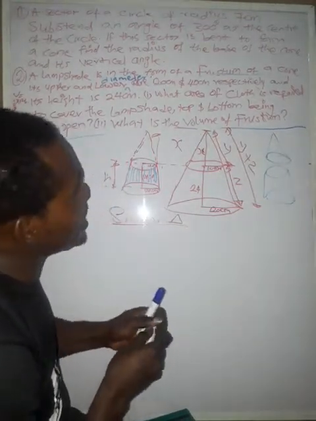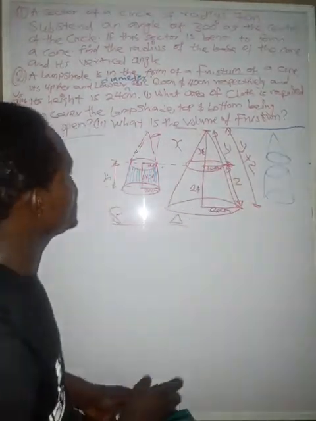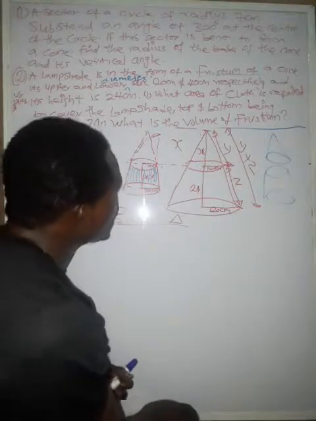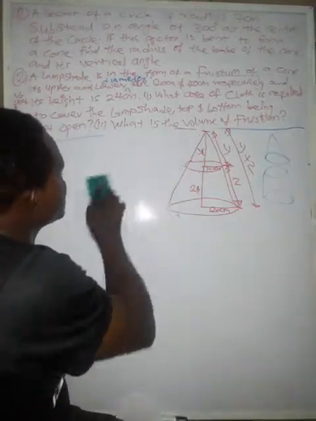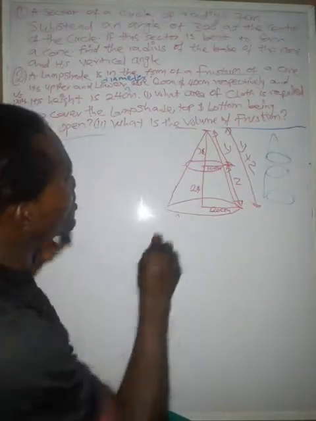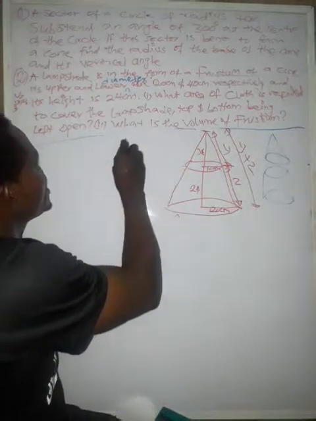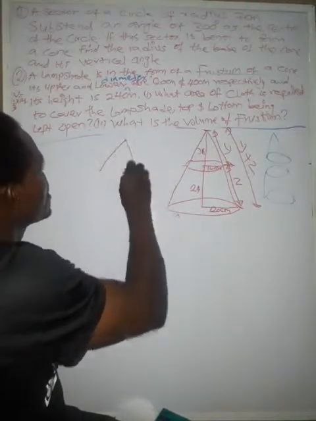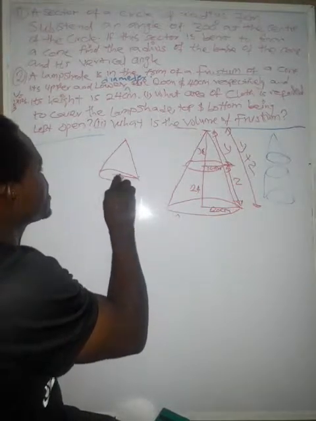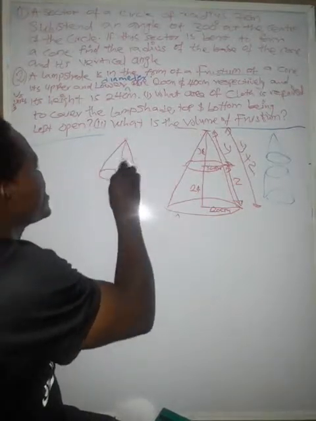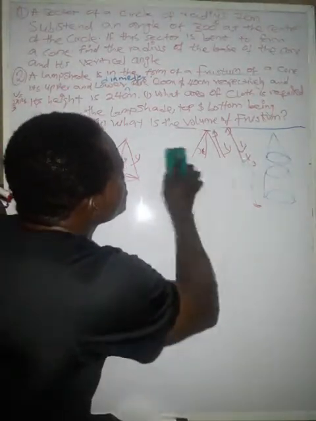So whatever I am going to apply to this small shape, maybe I should draw the complete one. For this small part of it, I'm having here as 10, I'm having here as X, here as Y. So let me now join this.